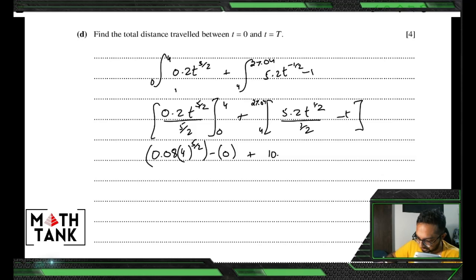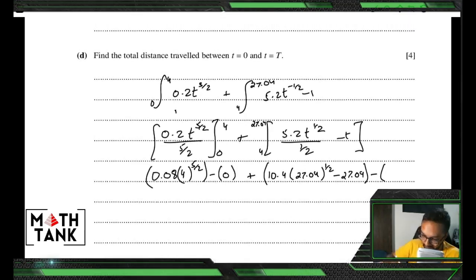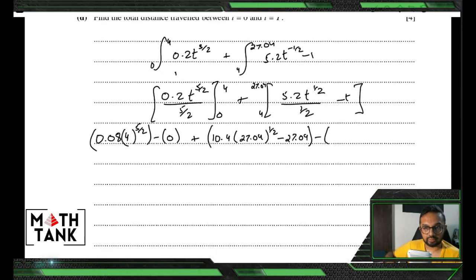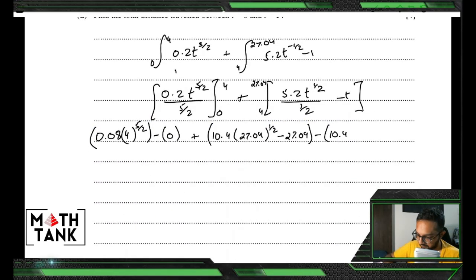So 10.4 times 27.04 power half, minus 27.04, minus, I'm very bad with limits, specifically because I ran out of space very quickly, 10.4 times 4 power half, minus 4.